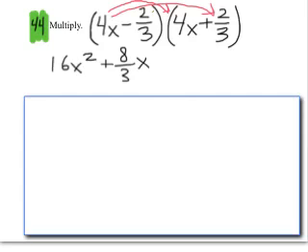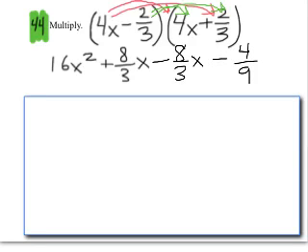Now we'll take the second number, negative 2/3, and we'll multiply it times the two other numbers. So it's a negative 2/3 times 4x, which gives us a negative 8/3 x, and a negative 2/3 times a positive 2/3 will give us a negative 4/9. Now notice something. These two middle terms, the two like terms, they cancel each other out. One's positive, one's negative.